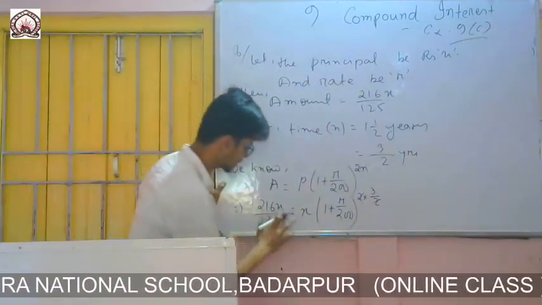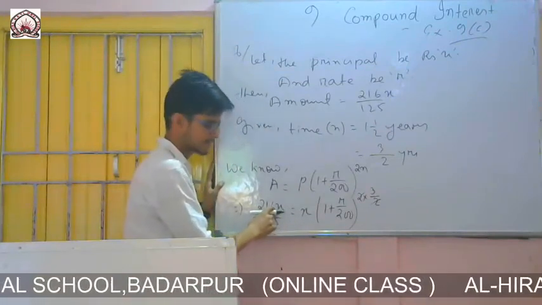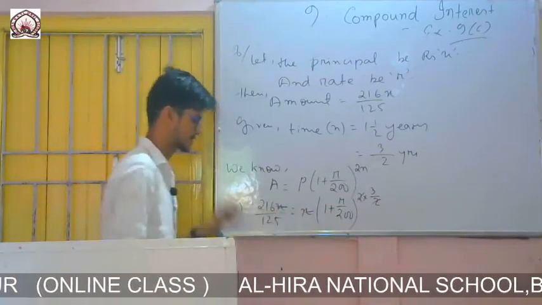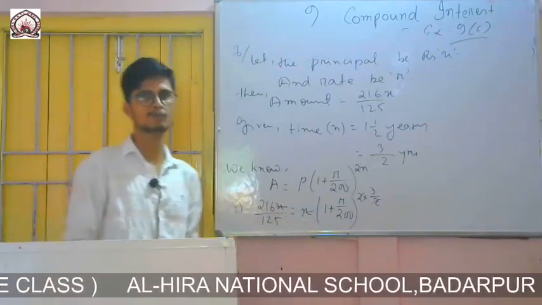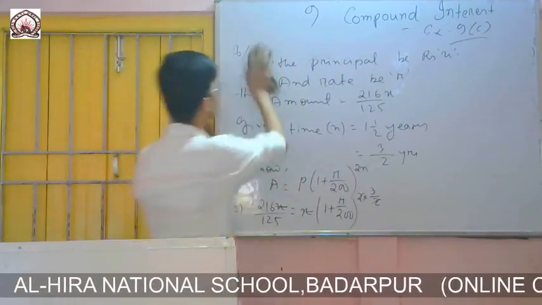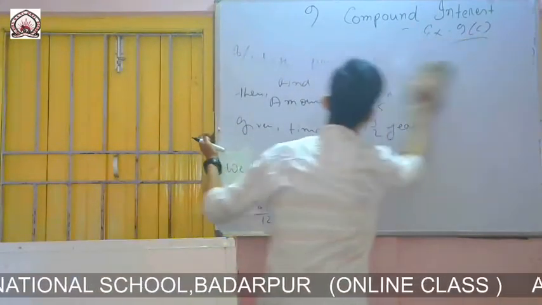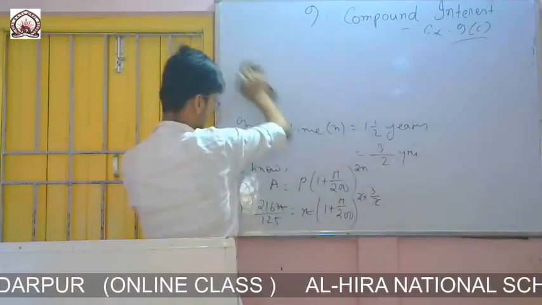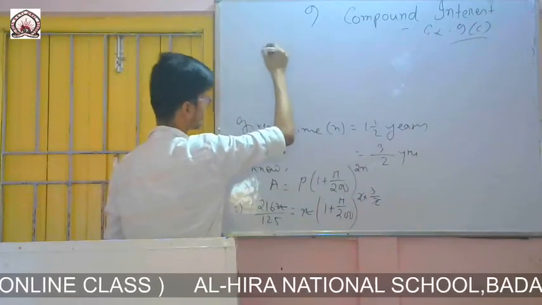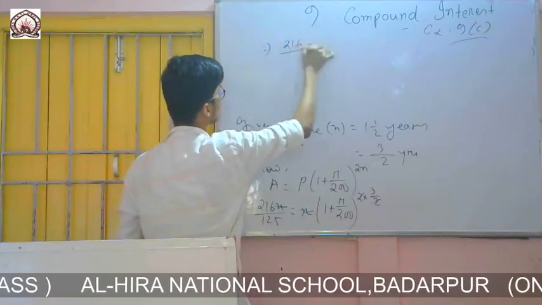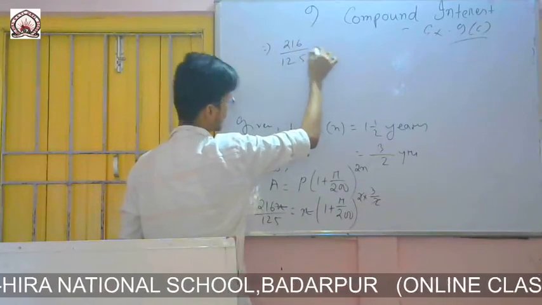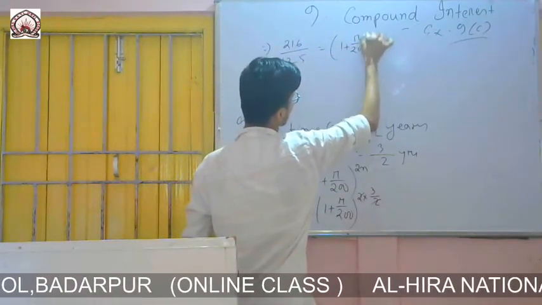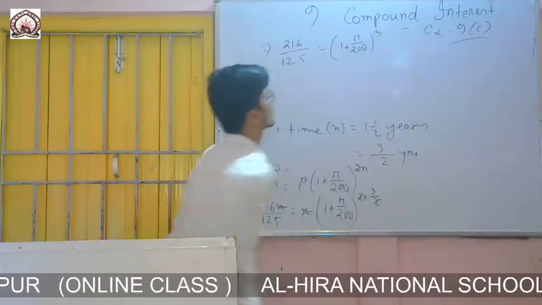And there you see in this side x is in the numerator, there also it is in the numerator, that means I can cancel this x. This x also I can cancel because both of them are in the numerator. So it will be 216 by 125 equals to 1 plus R by 200 to the power 3.